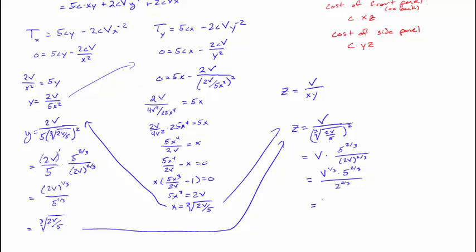And I can write this as the cube root of 25v over 4. So we do see a little bit of symmetry in these answers, but definitely the z value being bigger than my x and my y values.